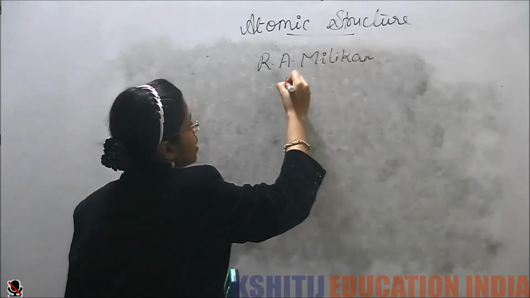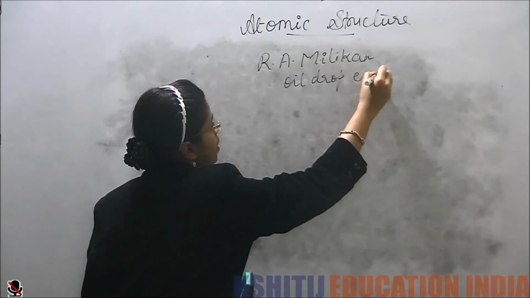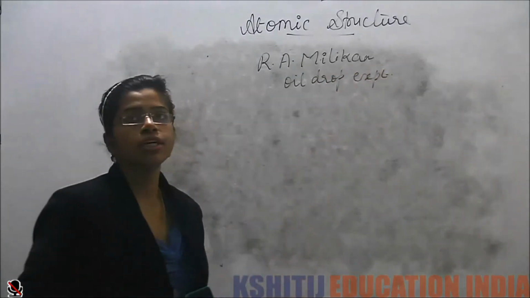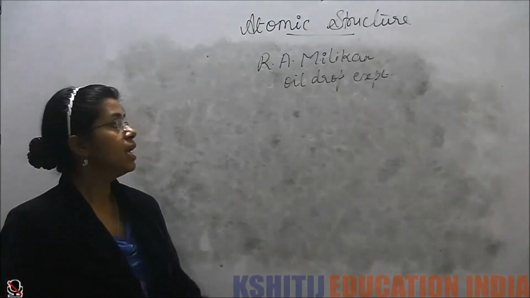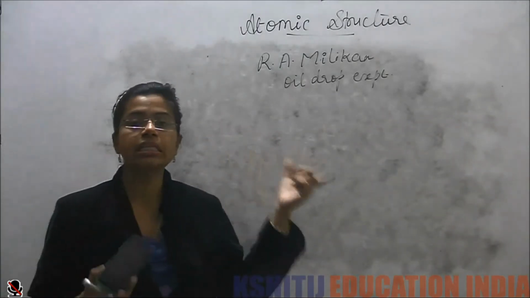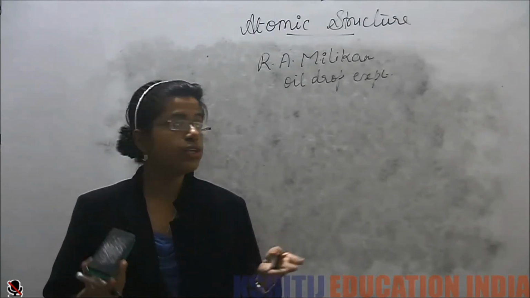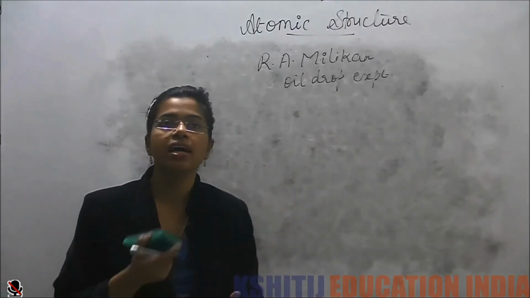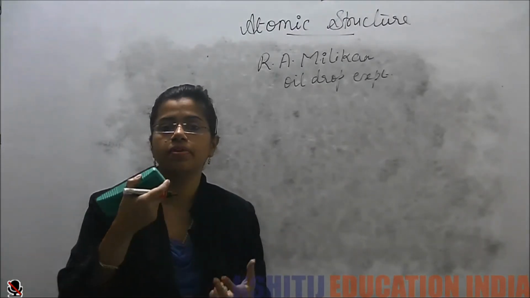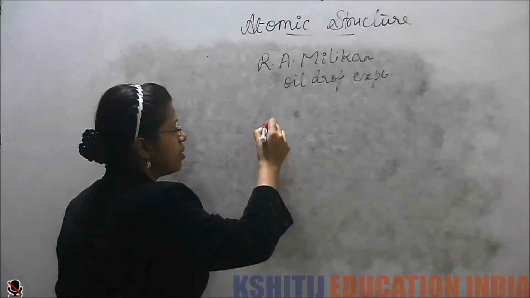He conducted the oil drop experiment to find out the charge on the electron. He actually measured the charge on the electron by his oil drop method. In his experiment, what he did was he sprayed some oil droplets by an atomizer. Let me roughly draw the figure here.